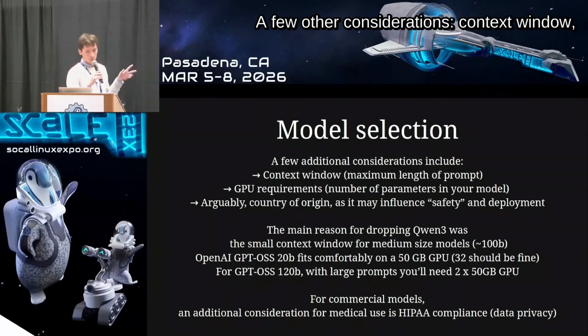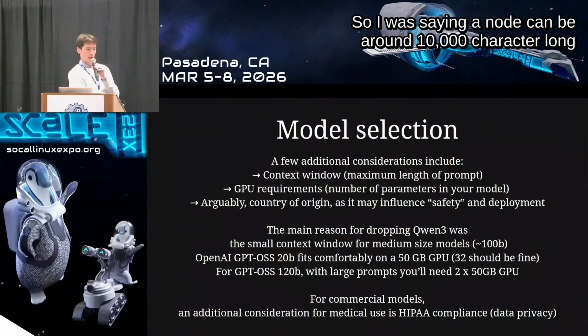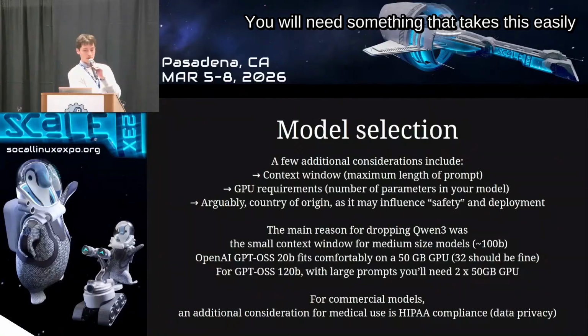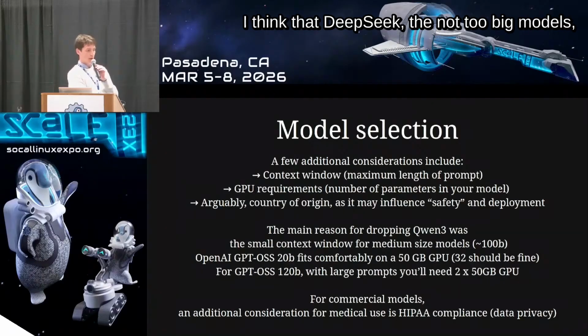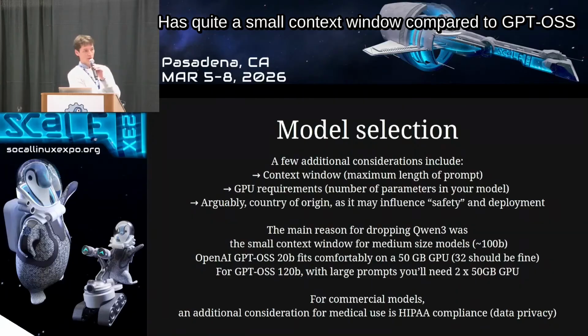A few other considerations: context window. So I was saying a node can be around 10,000 characters long. You will need something that takes this easily. I think that DeepSeek, the not too big models, has quite a small context window compared to GPT-OSS.